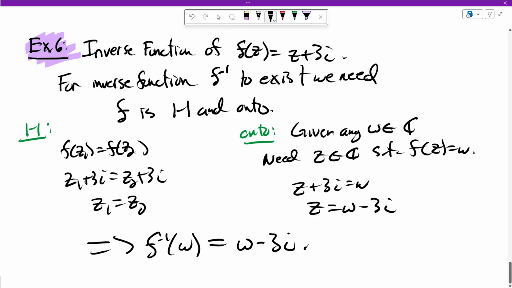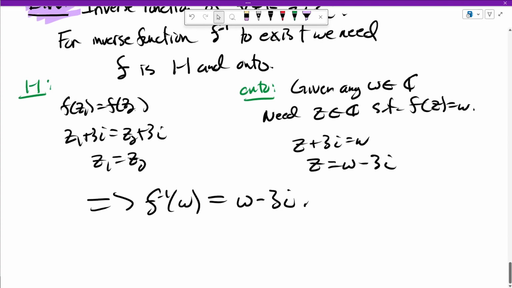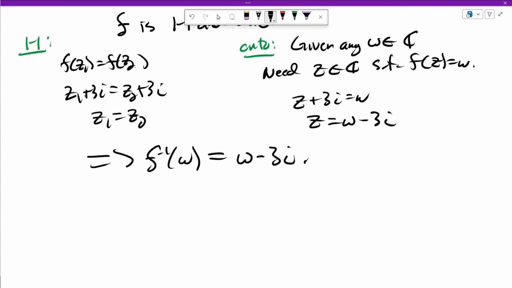And the way in which we check that an inverse function exists is it needs to be 1-to-1 on the domain and onto on the domain. Now let me take a minute here and point something out. Z², so note well, Z² is not 1-to-1, but it is onto.